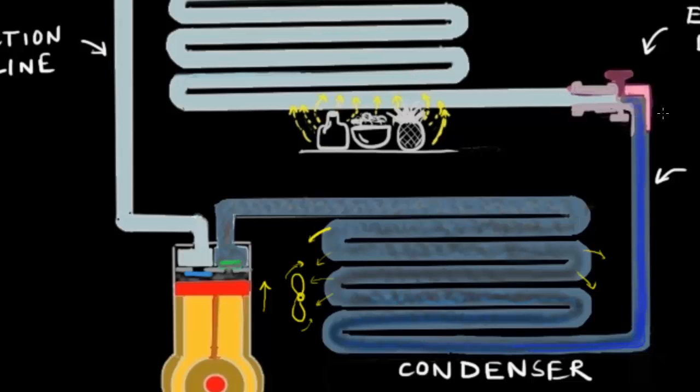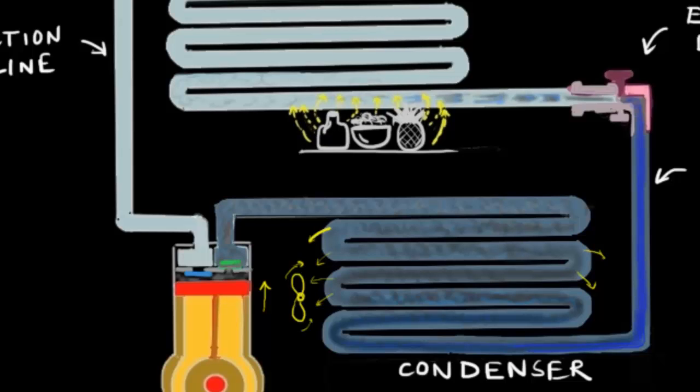So it's acting like a flow restricting device that causes a drop in the pressure of the liquid that goes into the evaporator. We'll look at the details of how an expansion device works in a later video. But for now, you get an idea of how all these components come together and work to refrigerate your food.